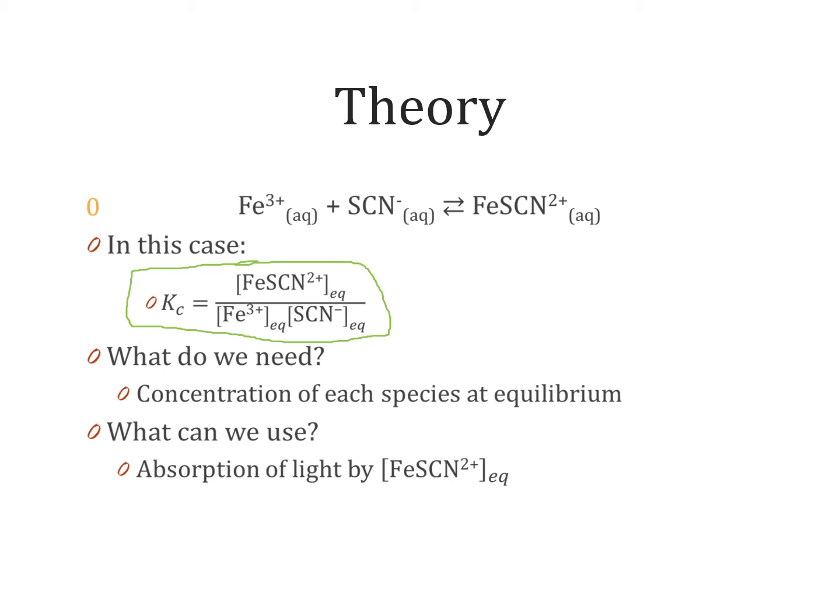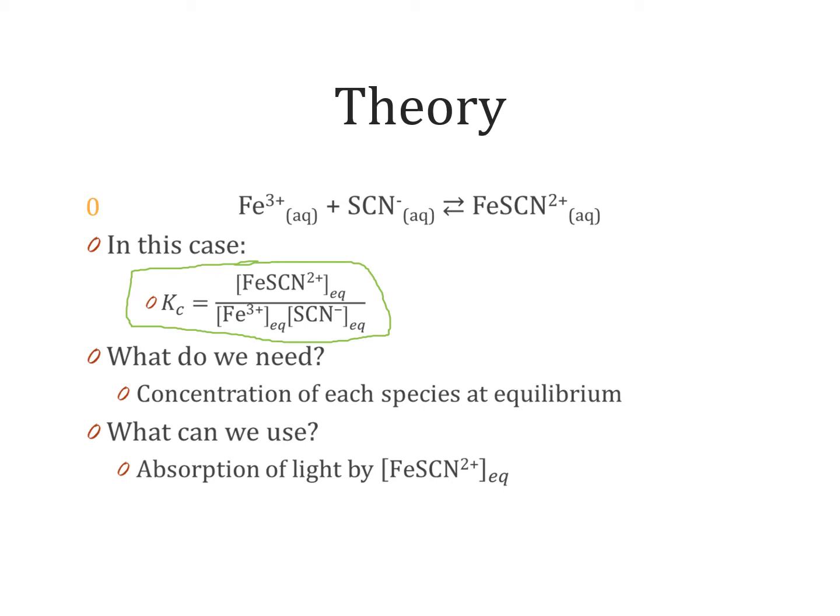So how do we arrive at the equilibrium constant? First, you realize that we need the concentration of each species at equilibrium, the product and the concentration of the reactants as well.